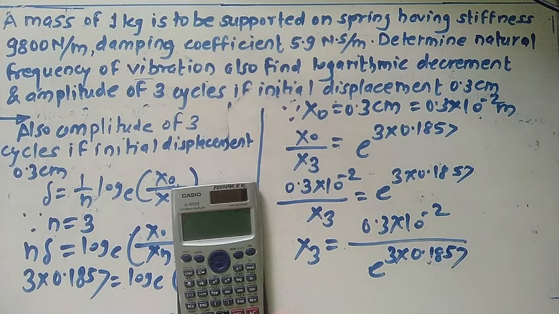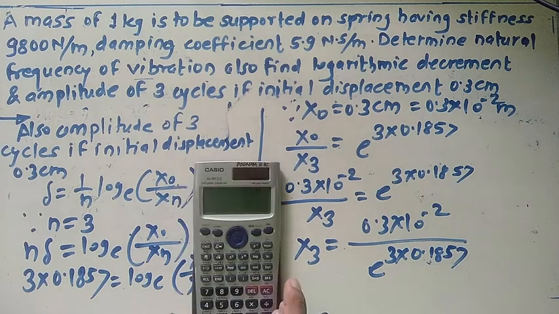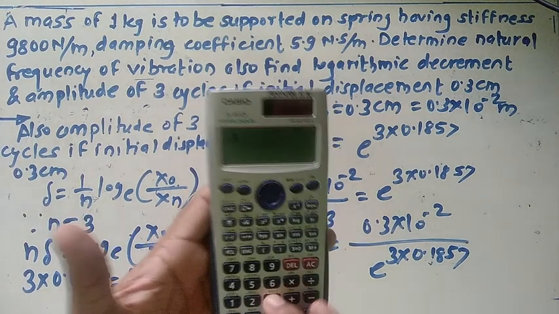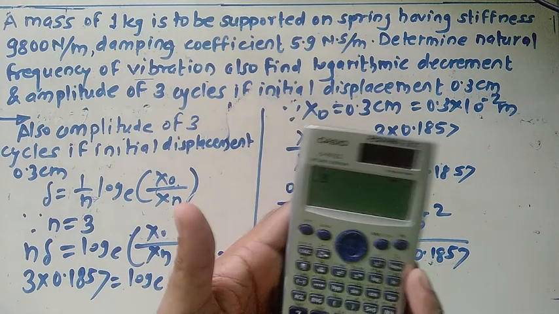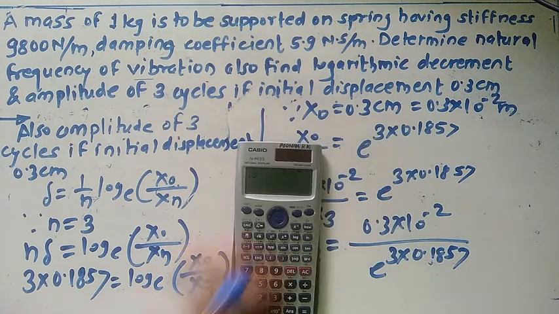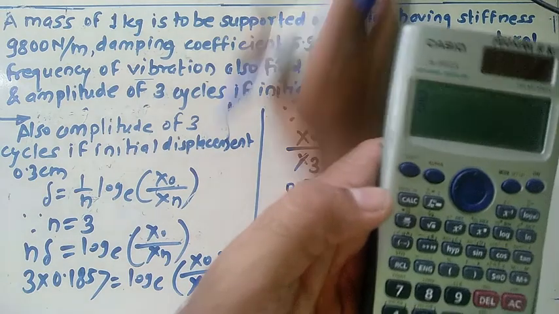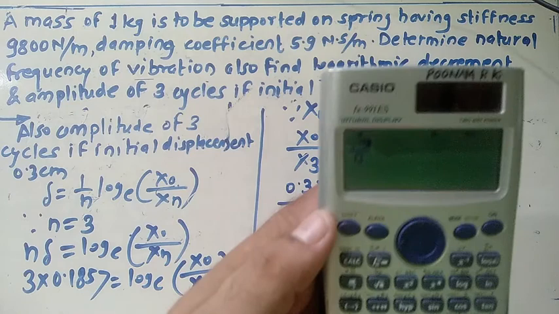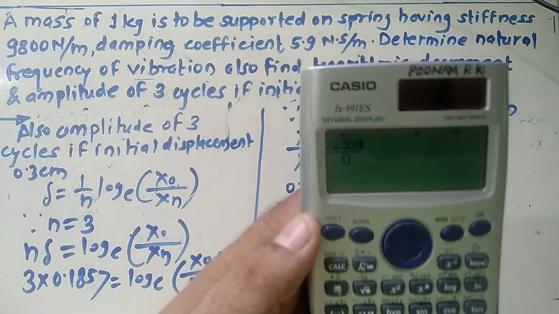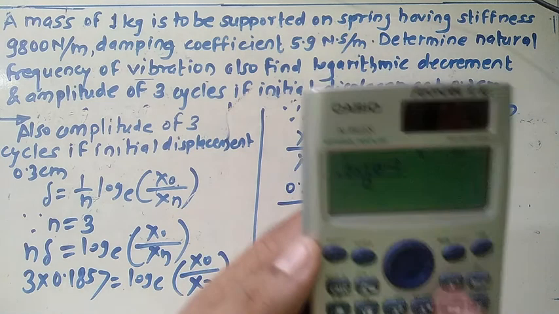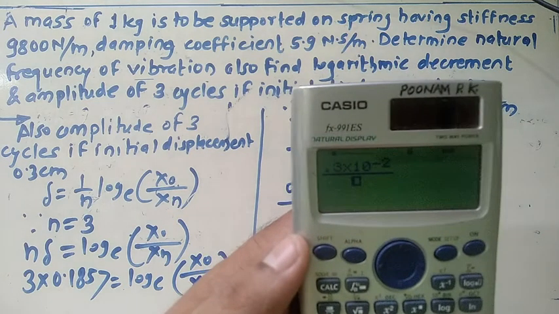Solve this one: 0.3 multiplied by 10 raised to minus 2 divided by e raised to, just press this button, 3 multiplied by 0.1857.